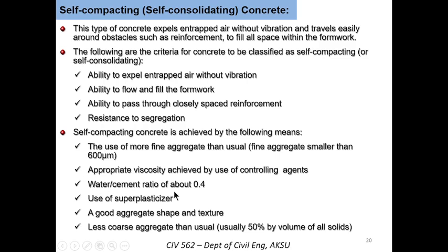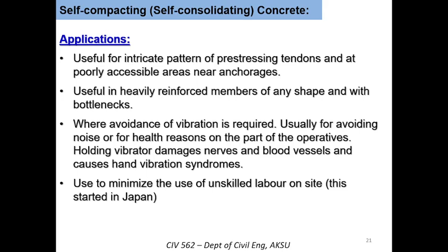Now, water cement ratio of about 0.4. The use of super plasticizer, a good aggregate shape and texture. Now, less coarse aggregate than usual, usually 50% by volume of solid. So, those are the ways you can achieve self-compacting concrete.